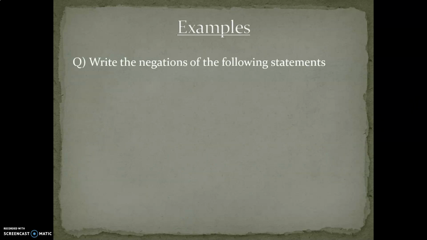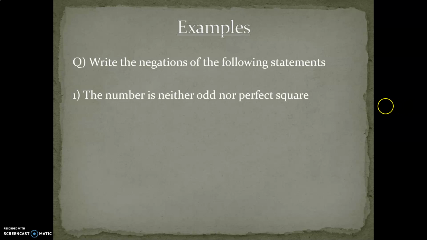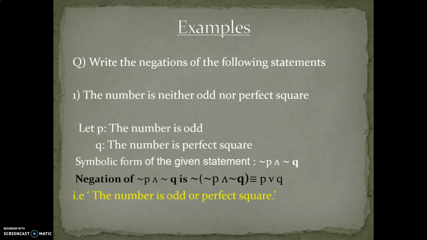Now examples: write the negations of the following statements. It is very simple. The number is neither odd nor a perfect square. We will split it like this. Here in the statement there are two negations, since neither-nor is applied. So P is: the number is odd, the first positive statement, and Q is: the number is a perfect square.